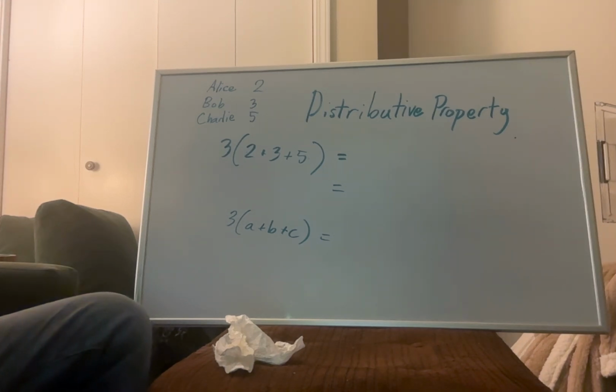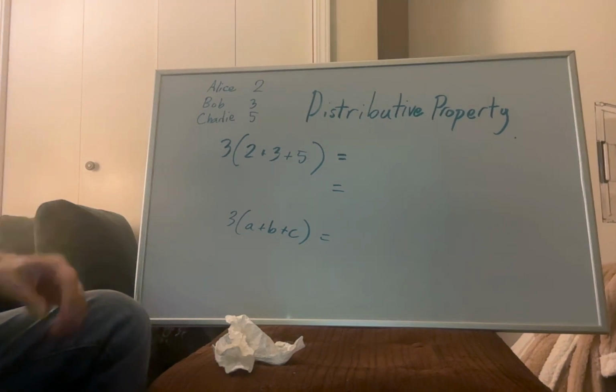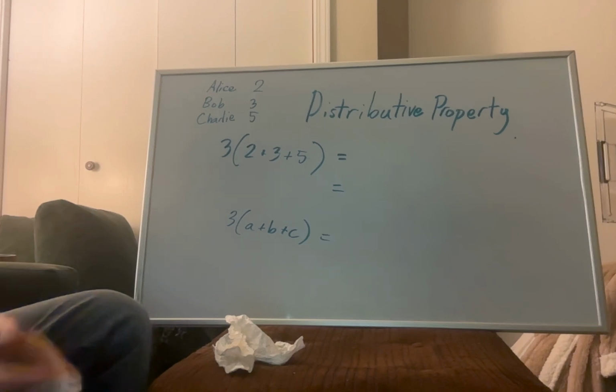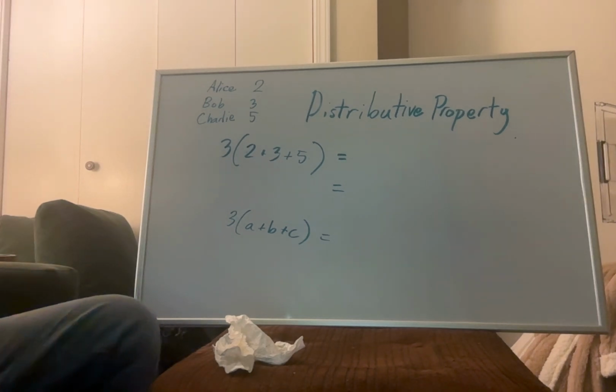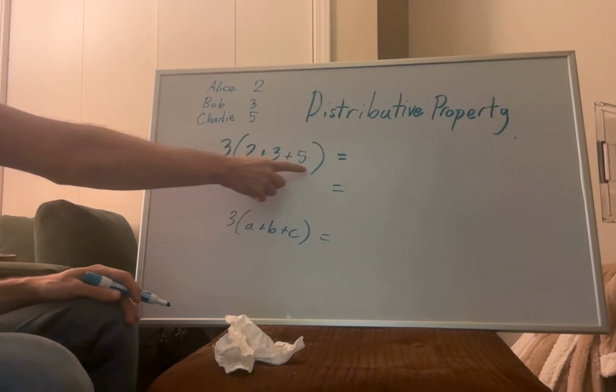And so you sit down and you think about this and you say, well, what if I add up how many triangles they made in total? And then, since each triangle took 3 toothpicks to make, we can take that total number of triangles and multiply it by 3. So here we're going to take this 2 plus 3 plus 5.